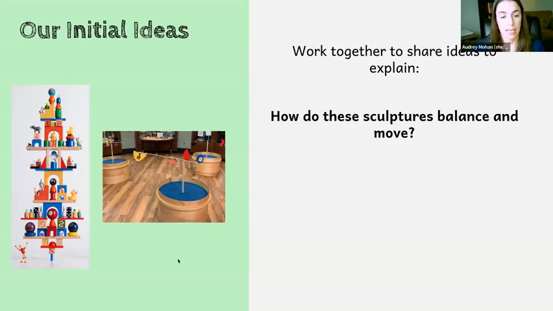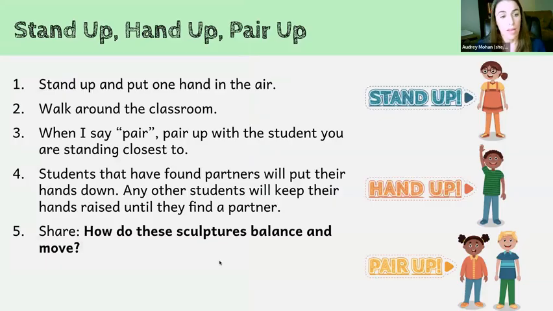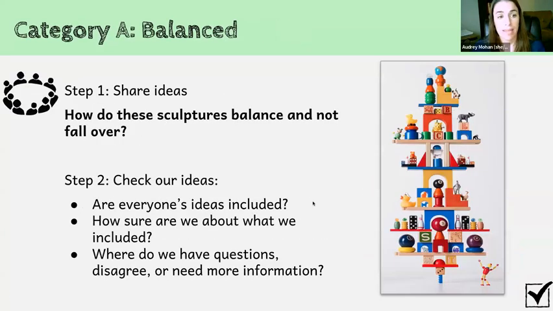Students can pair up with an elbow partner, and they can rotate around and talk about how they balance and move. Like, how do these things work? They want to generate lots of ideas so that we can come back together and share those ideas as a class.